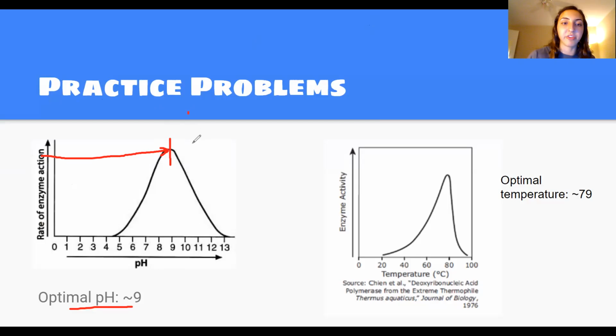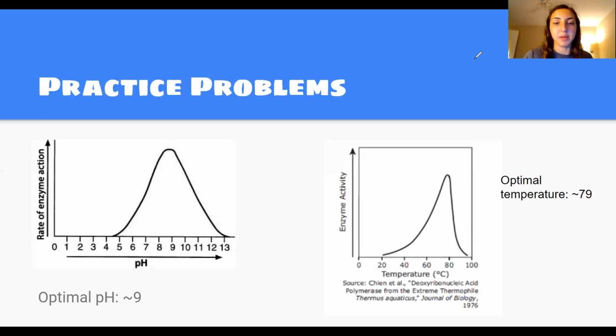So the reaction is going to be prime at a pH of 9. Here we have temperature, and the optimal temperature of this enzyme activity is 79. Notice that it reaches that and then goes back down because it's moving farther away from 79. This one is approaching it, so it's starting to go up. Same for our pH.